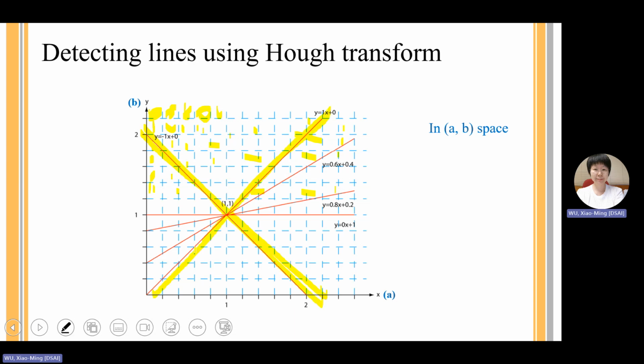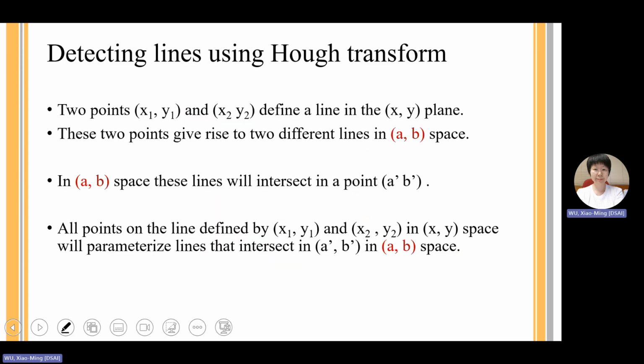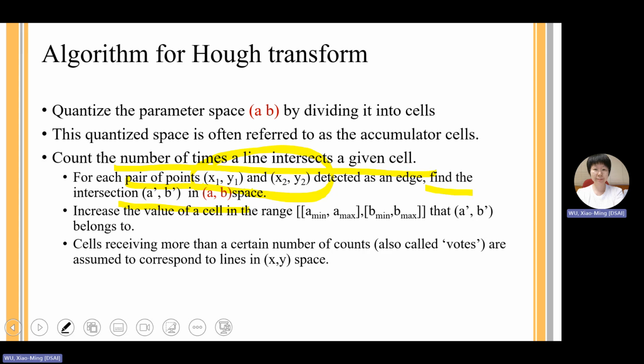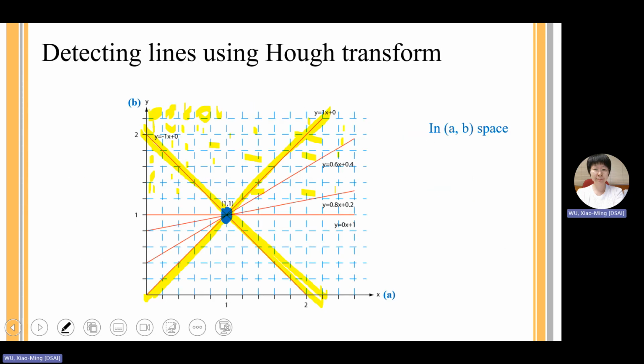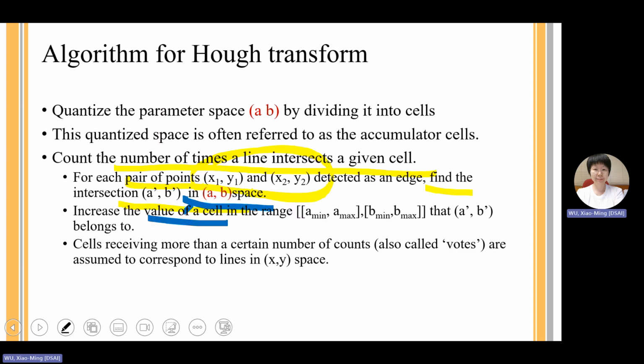We find their intersection in the AB space, and we increase the value of this cell by 1, because they intersect at this cell. Okay. So we do this for every pair of points.